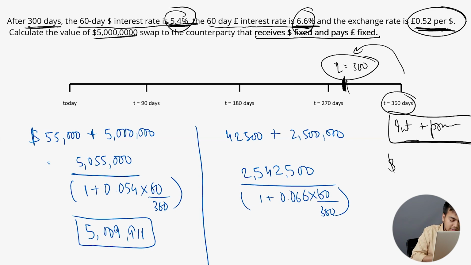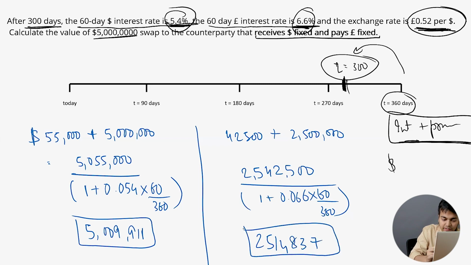So let's see, 0.066 into 60 divided by 360 plus 1, by x, multiplied by 2,542,500. That is 2,514,837. Alright, this is in terms of what?